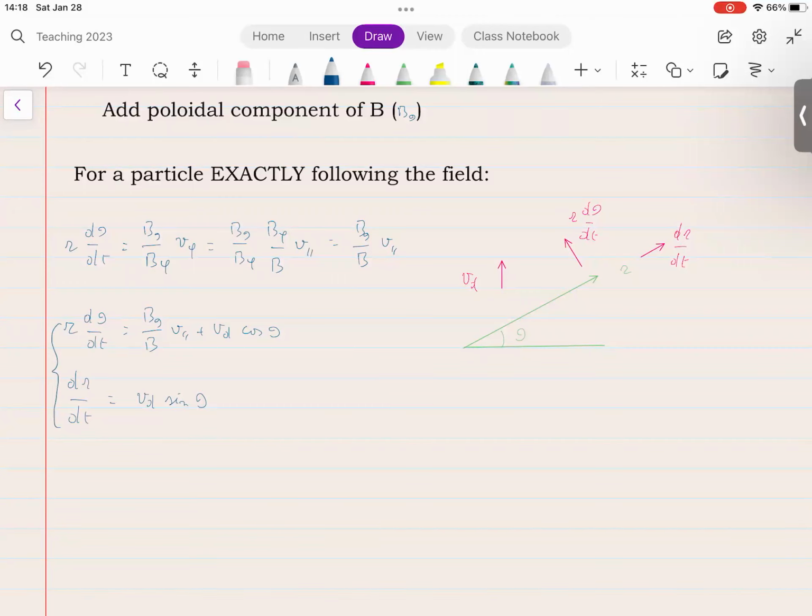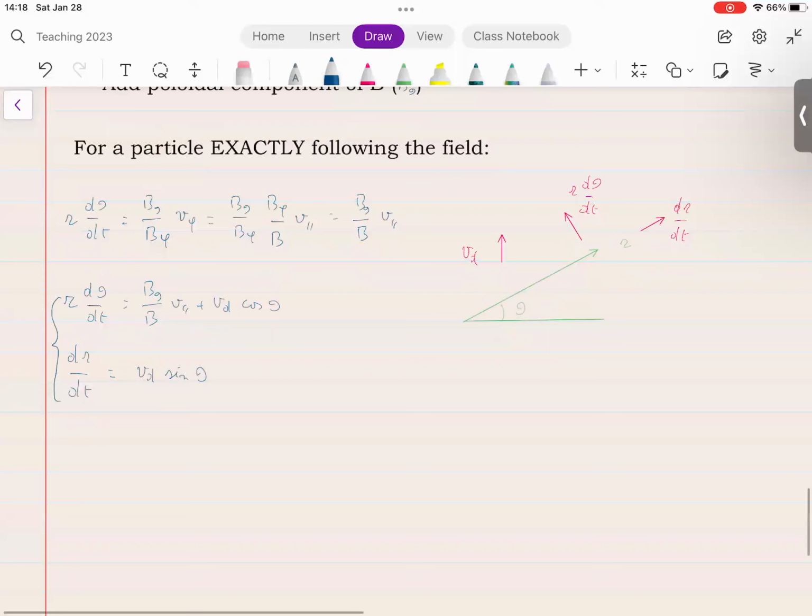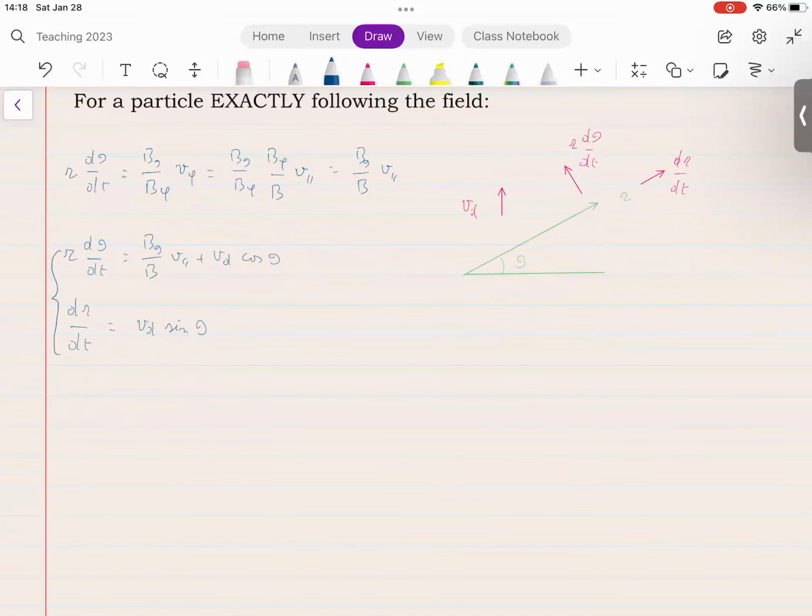So I can take the ratio of the two equations. I'm actually dividing the second one by the first one. I'm trying to get rid of the dt. I'm obviously treating the differentials as finite quantities.